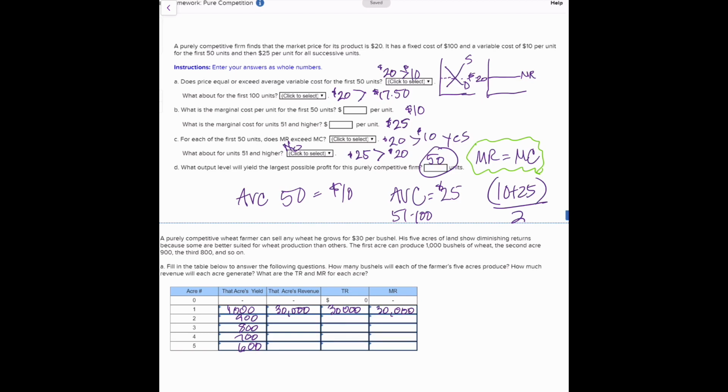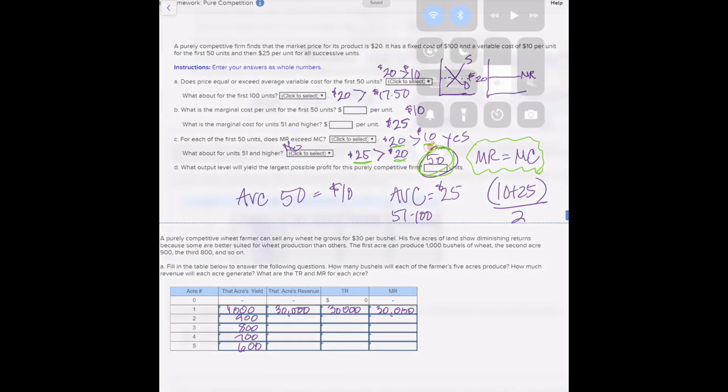For units 1 through 50, marginal revenue, 20, is greater than marginal cost. However, at 51 units, marginal cost exceeds marginal revenue. Therefore, we would stop at 50 units. So the profit maximizing output is where marginal revenue equals marginal cost, and that is at 50 units.